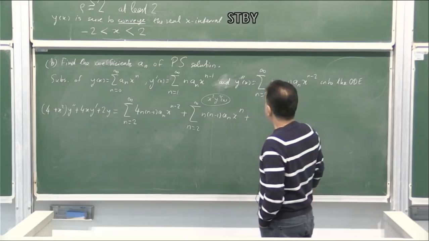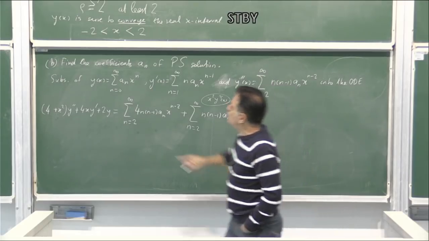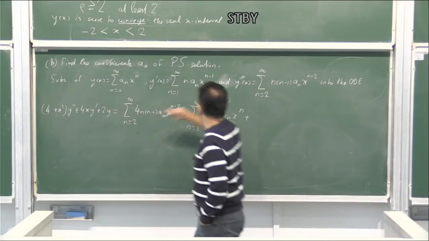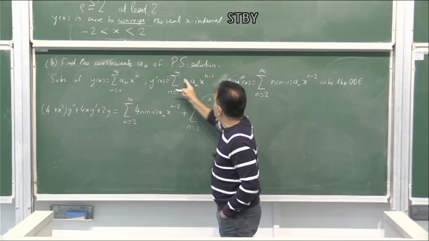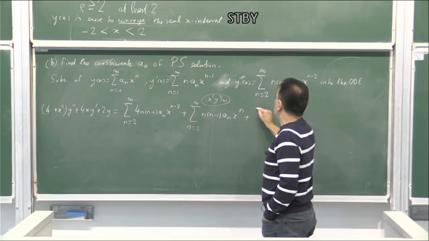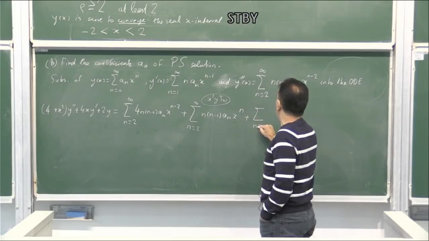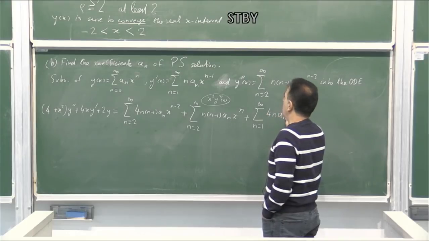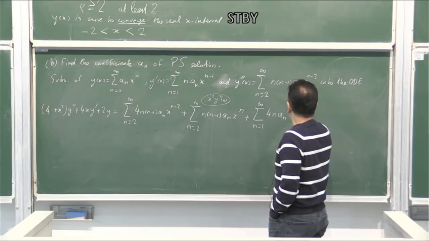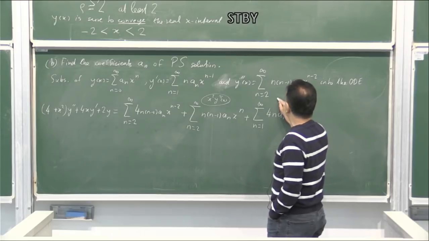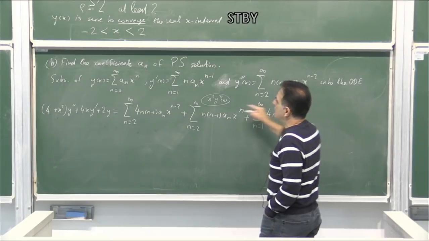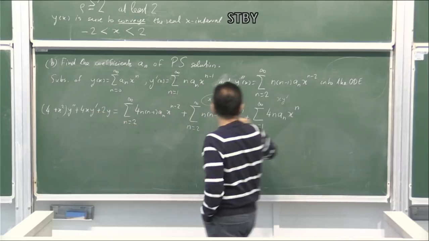plus 4x y prime. Multiply the derivative by 4x. We have this series from 1 up to infinity, 4 n a n x to power n again, and this is x y prime, multiplied by 4.